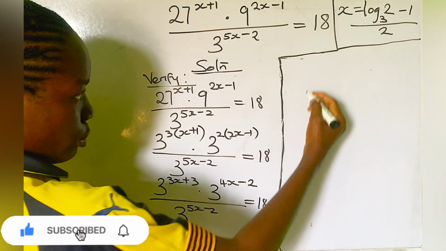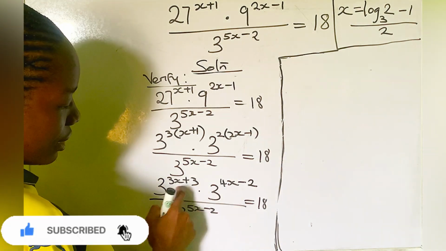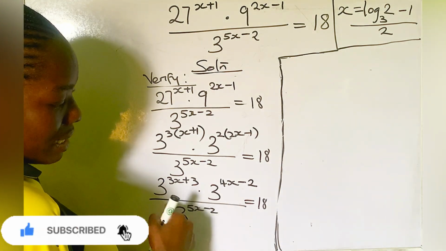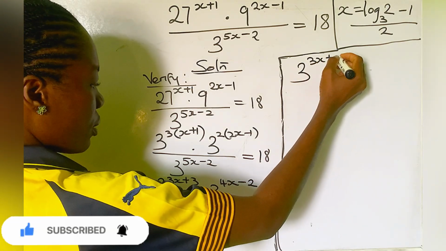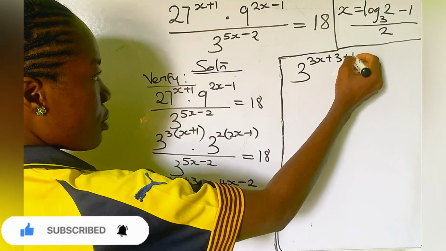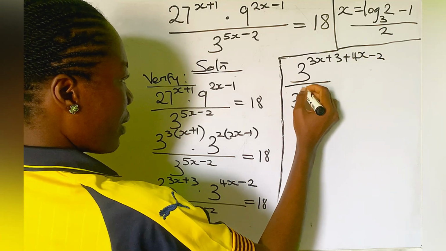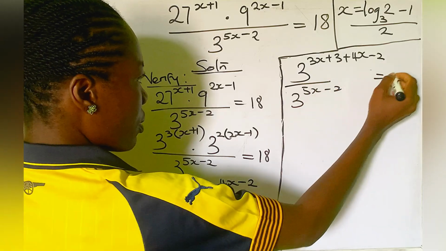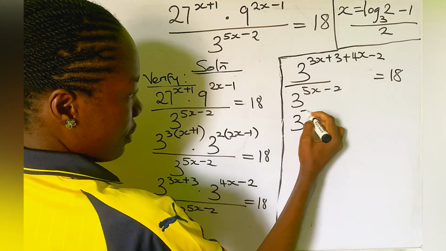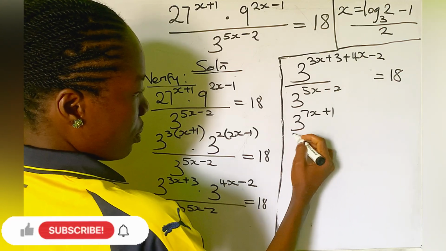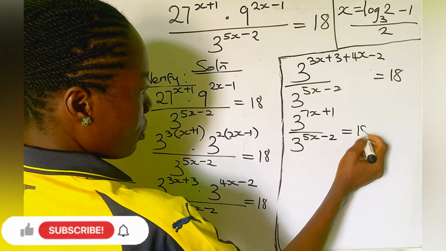Now we've done this before, but I'm just doing it again. We are going to be adding the powers, because these two bases are multiplying. So we'll have 3 to the power of 3x plus 3 plus 4x minus 2 over 3 to the power of 5x minus 2 is equal to 18. So we have 3 to the power of 7x plus 1 over 3 to the power of 5x minus 2 is equal to 18.